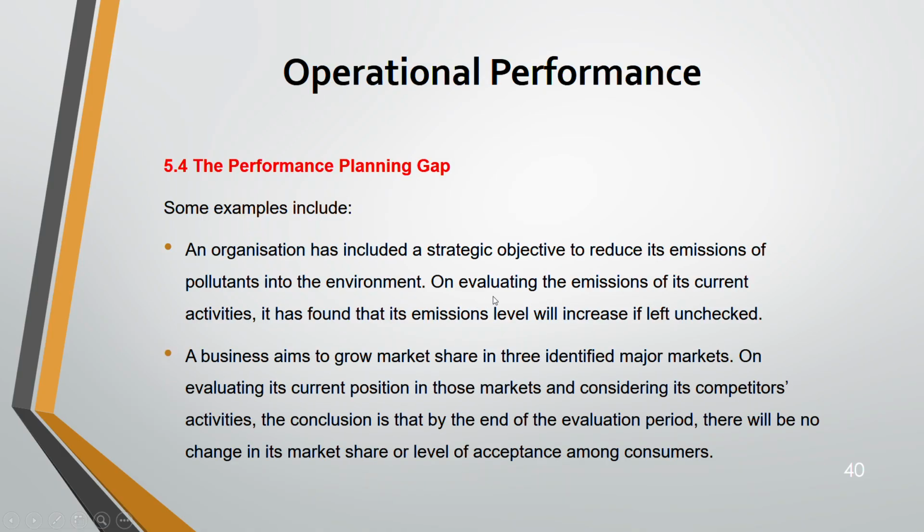Okay, next, a business is aiming to grow their market share in 3 major markets. And once you have evaluated the current position, you have come to a conclusion that there is no change in the market share, and also your product is not accepted among the customers.